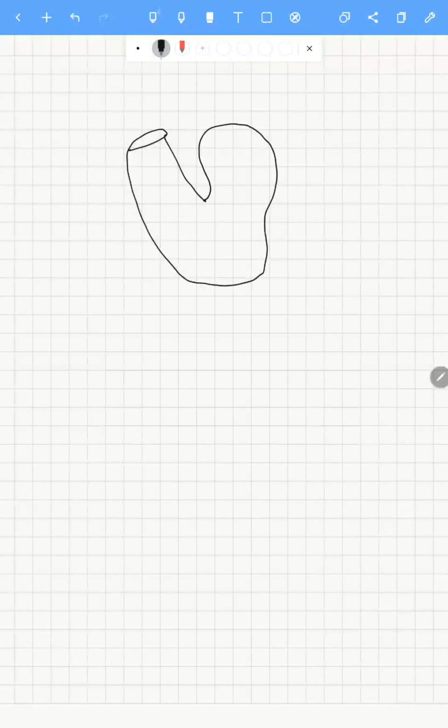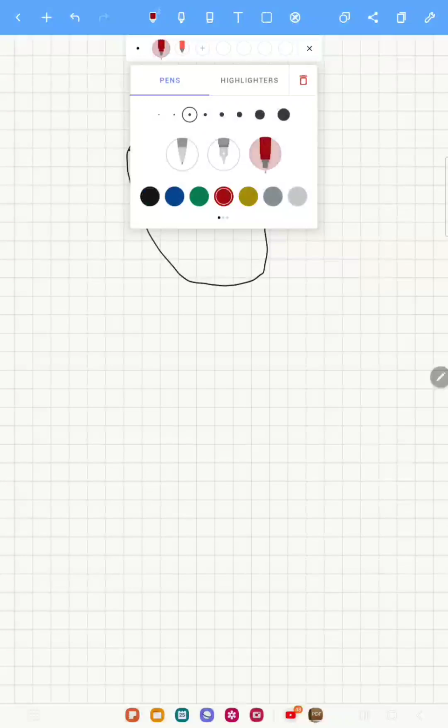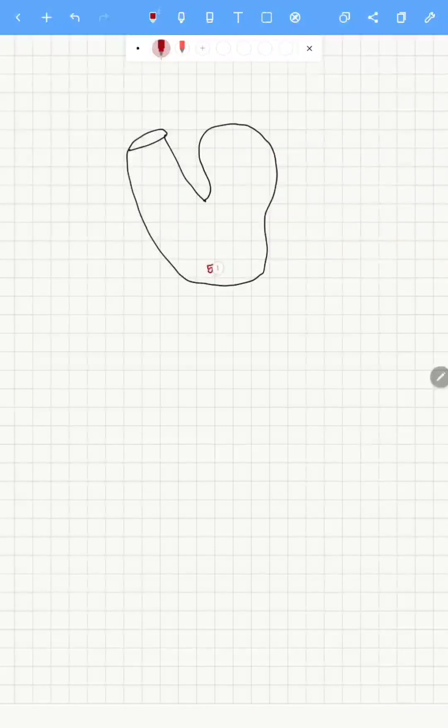In this phase, atria has squeezed enough blood into the ventricle. As a result, ventricular pressure is increased by some amount. The ventricular pressure in the beginning was 5 mmHg. It gradually increases and it reaches up to 80 mmHg.